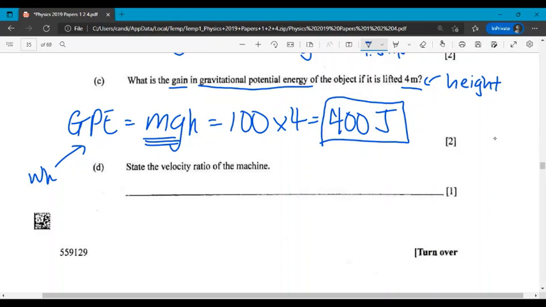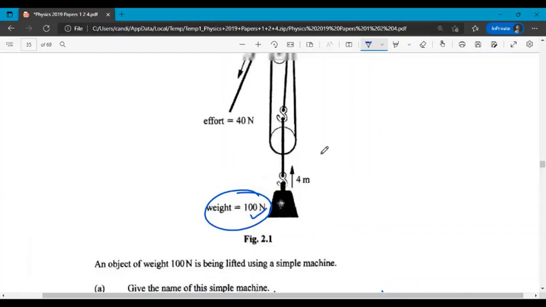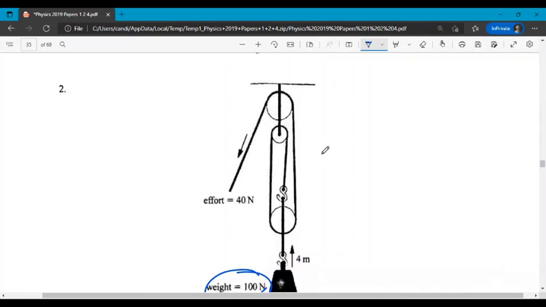Next part says to state the velocity ratio of the machine. Now, there's no formula for this, okay? The velocity ratio for a block and tackle pulley, all we need to do is count the ropes. So let's go back to the diagram and look. We're going to count every rope that is not attached to the load.